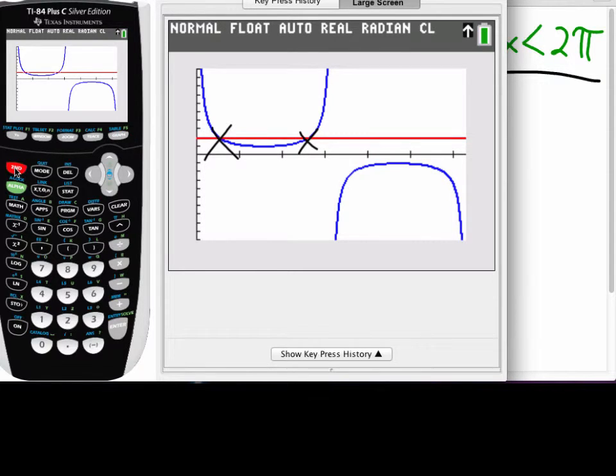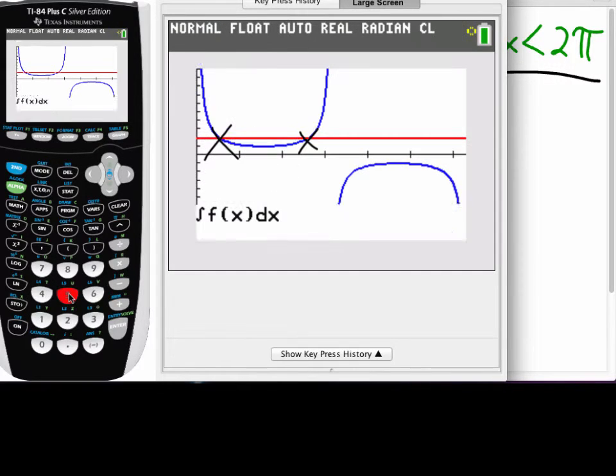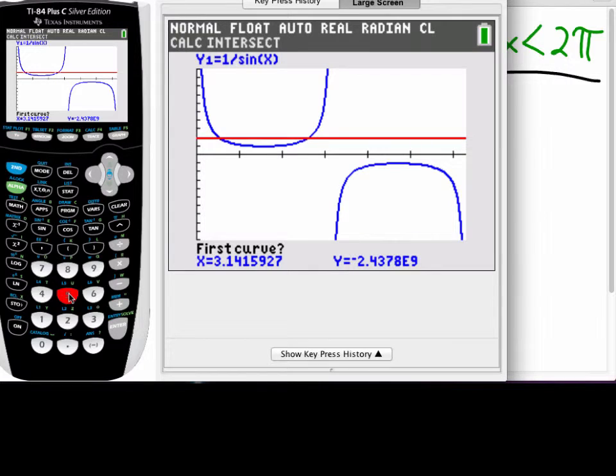So if I go to second trace, that gives me the calc menu, and I want to do intersect. And it says first curve, so I need to move this down around. Oh, I got to go all the way over here.